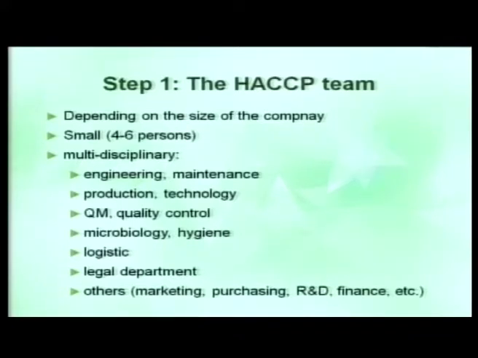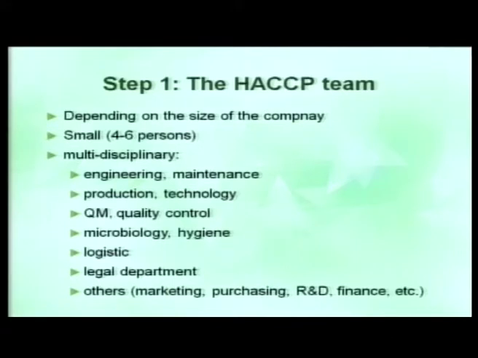There are no set defined limits. If there is a very big company with multiple process flows, we probably require a smaller group of people for each process flow, and then a bigger HACCP team which can decide upon the overall food safety. Another important element of the HACCP team is that it has to be multidisciplinary.